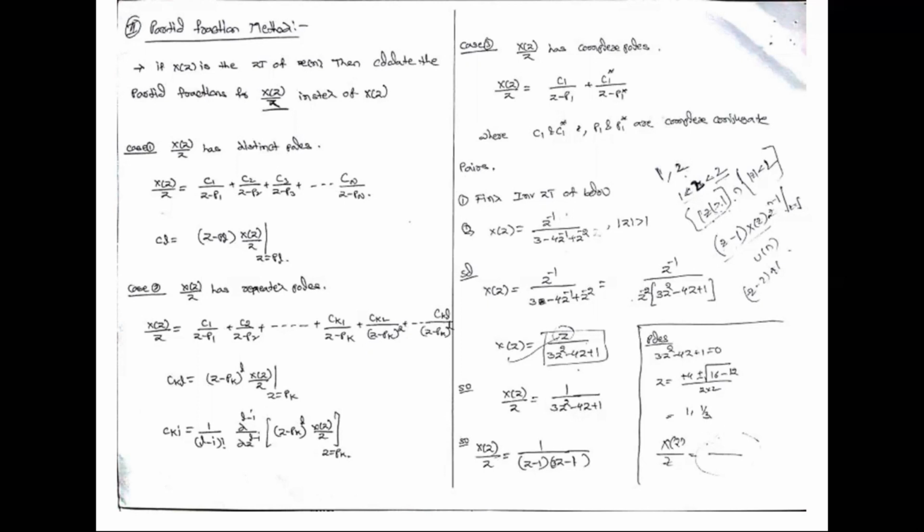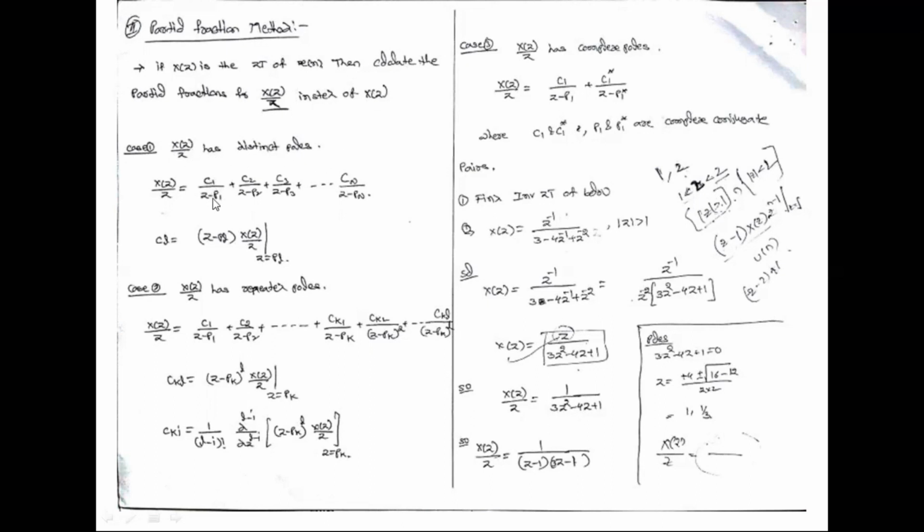If x of z is a z transformation of x of n, then calculate the partial fraction for x of z by z. First of all, write the x of z in terms of x of z by z. Distinct poles: x of z by z has distinct poles.